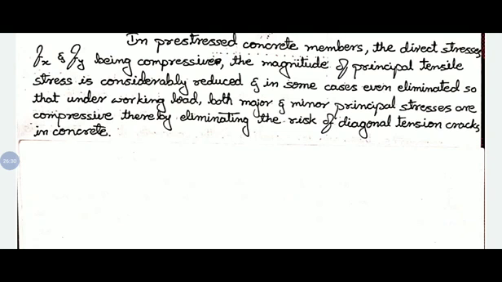We have learned these things, along with some factors which affect the development of cracks or shear stresses in PSC members, and how to calculate the principal stresses sigma 1 and sigma 2 using the relationship between direct stresses.